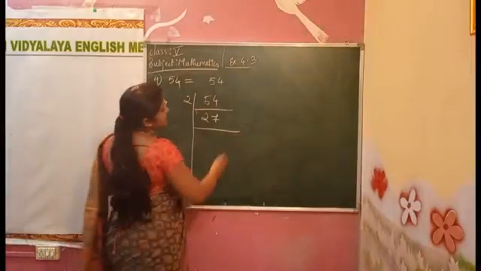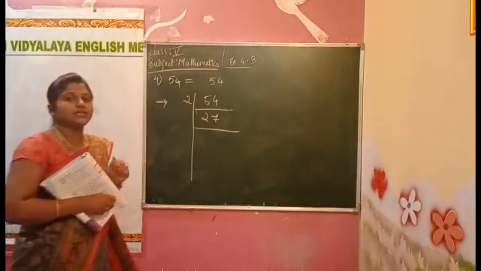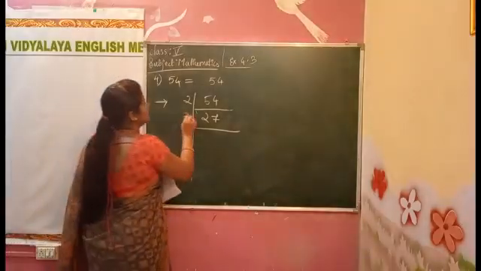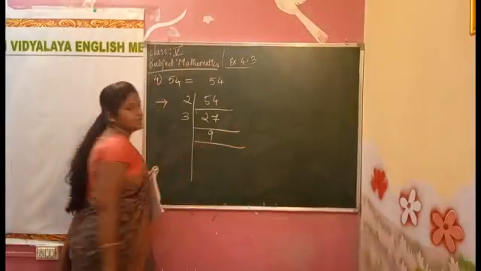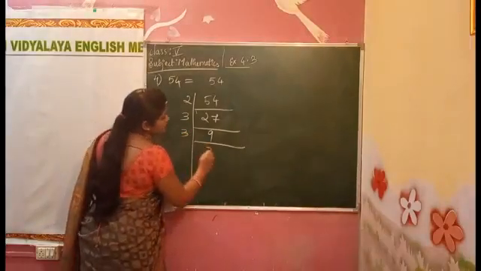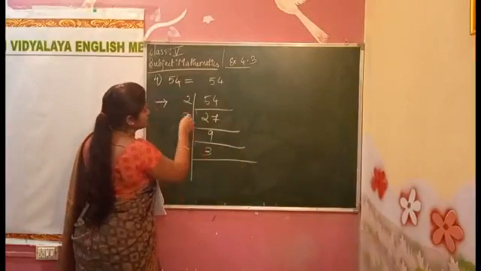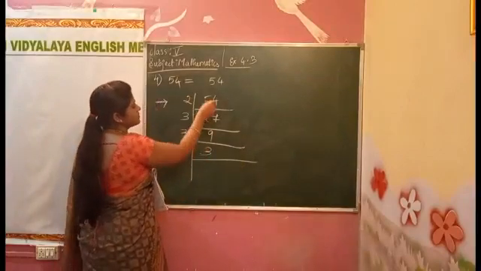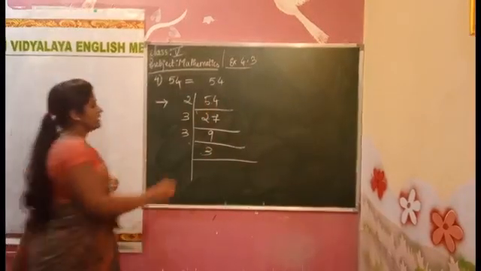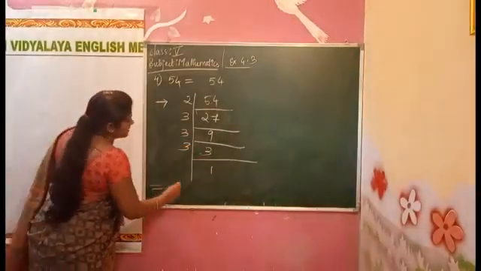Now 27 is not there in the 2 table. So in the 3 table is 27 there? Yes. 3 9s are 27. Again 9 is there in the 3 table only. So 3 3s are 9. 3 1s are 3. So multiply all these.